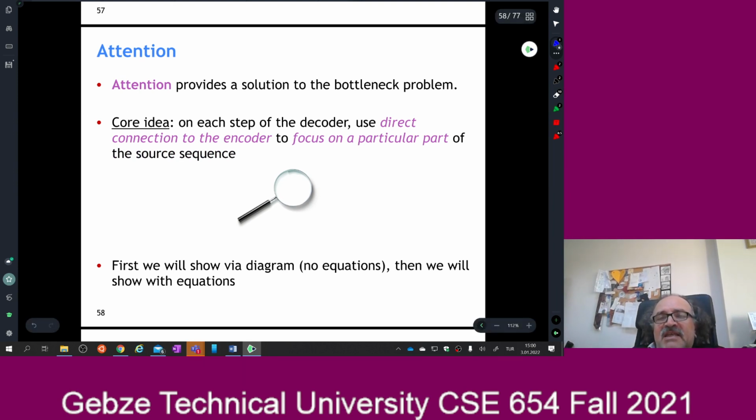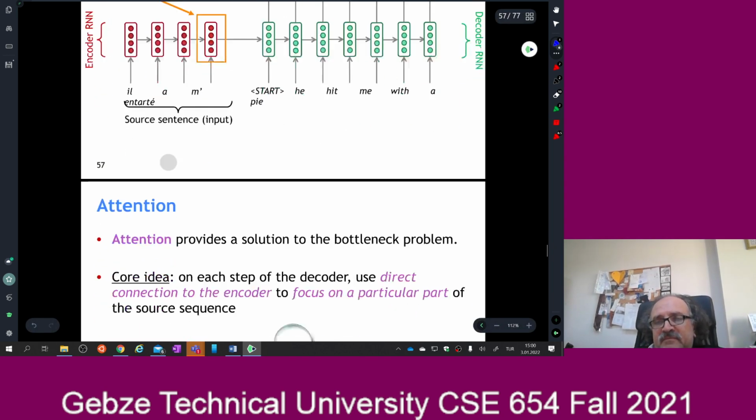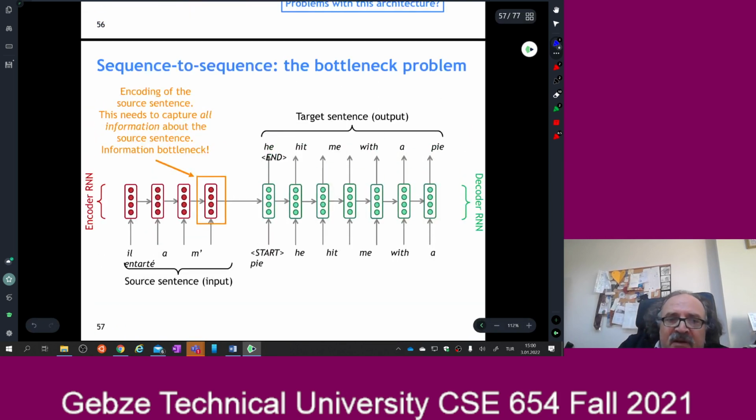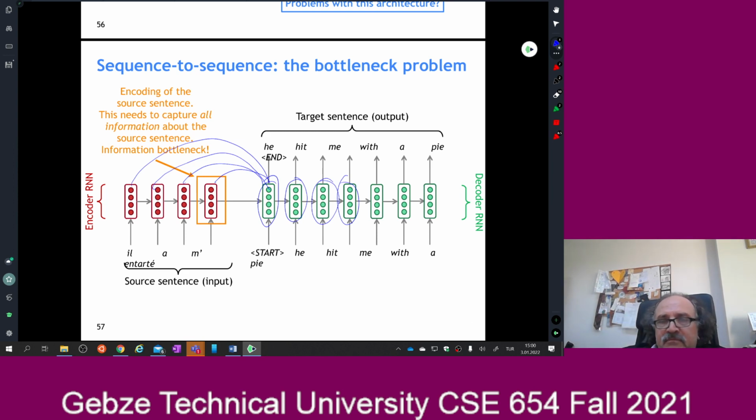So the core idea is this: on each step of the decoder, during the training time, use direct connections to the encoder. Focus on a particular part. It turns out that that's a very nice idea. While I am producing these, always try to compare them with my internal state during the encoding.